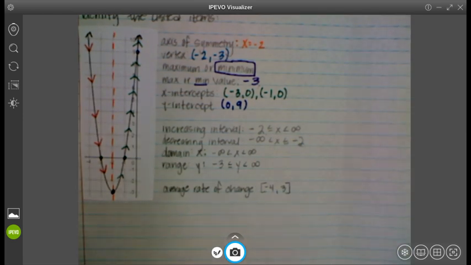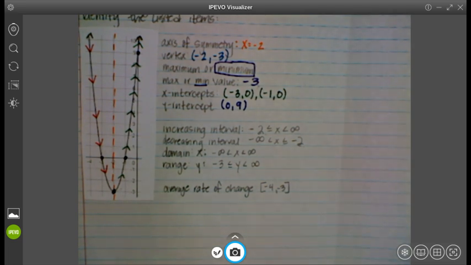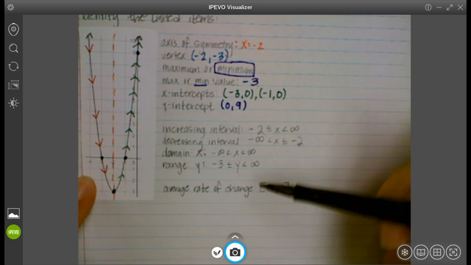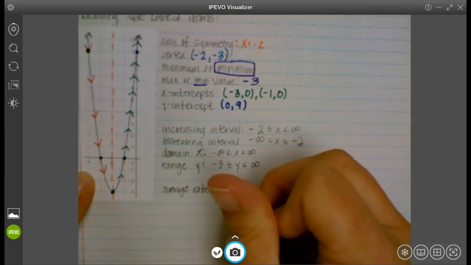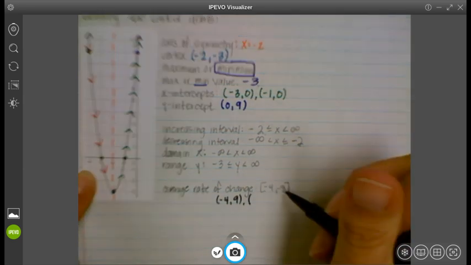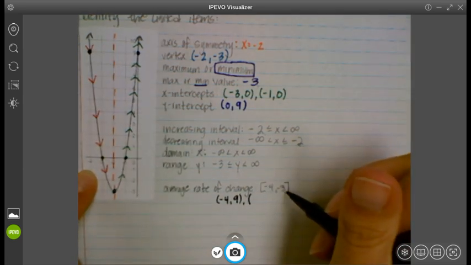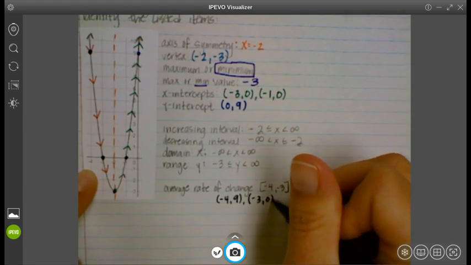On my graph, I want to find the point on my parabola where x equals -4, which is up here. So that's the point (-4, 9), to where my x value is -3, which is right here at (-3, 0).